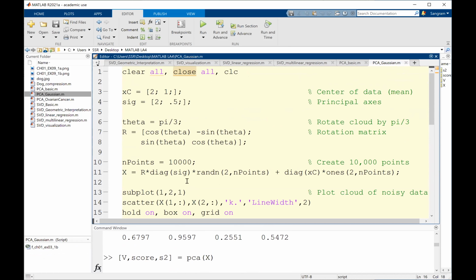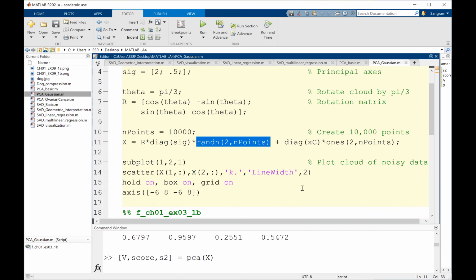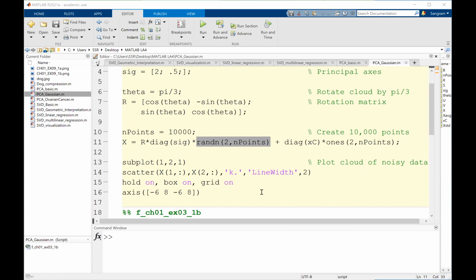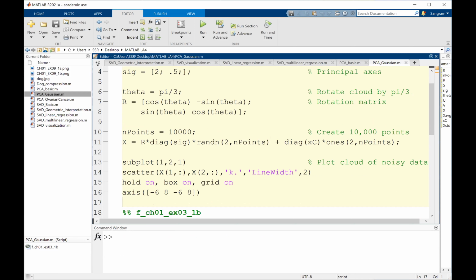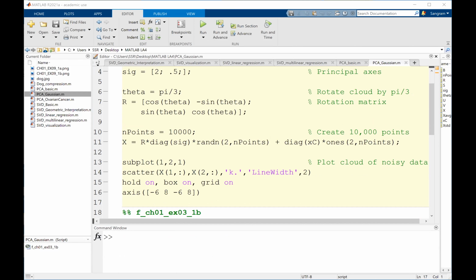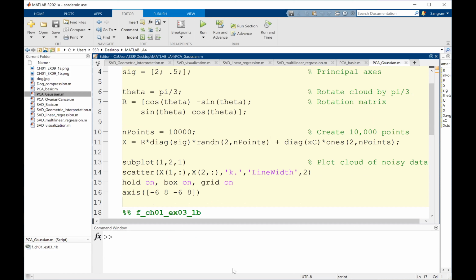Can you see that there is some noise? I'm adding noise to it. If you run this code, all of a sudden, this figure will pop up. I will show you this figure in just a second.